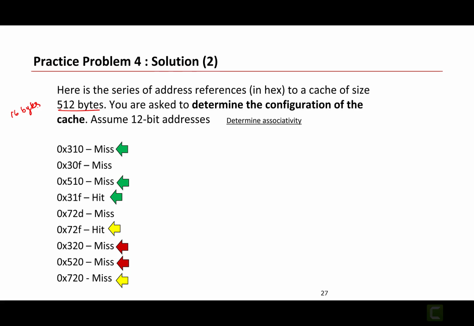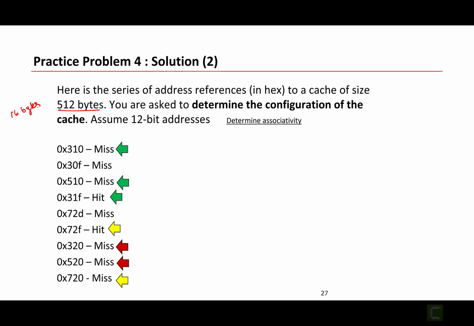If not, try 2-way, then 4-way, and see if you can find a contradiction for any one of those designs. The moment you find a contradiction, you can discard it. You don't have to simulate all the addresses, just enough to discover a contradiction. When there is a contradiction, you know it's not the right solution.